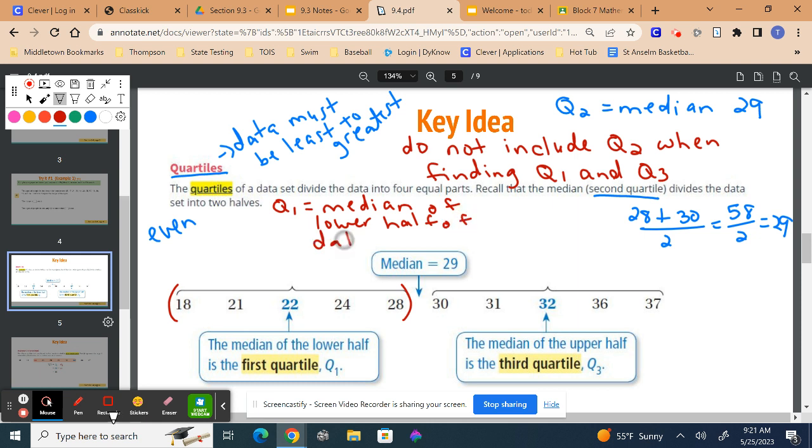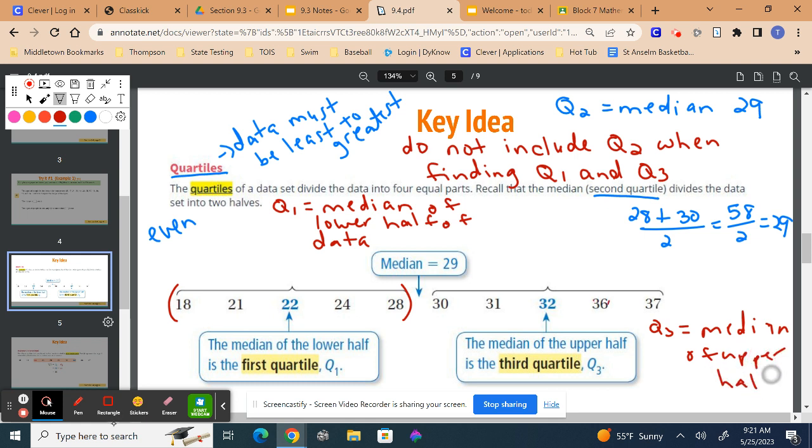All right, what do you think quartile 3 is then? The upper half. It's the median of the upper half. Does this make sense so far?